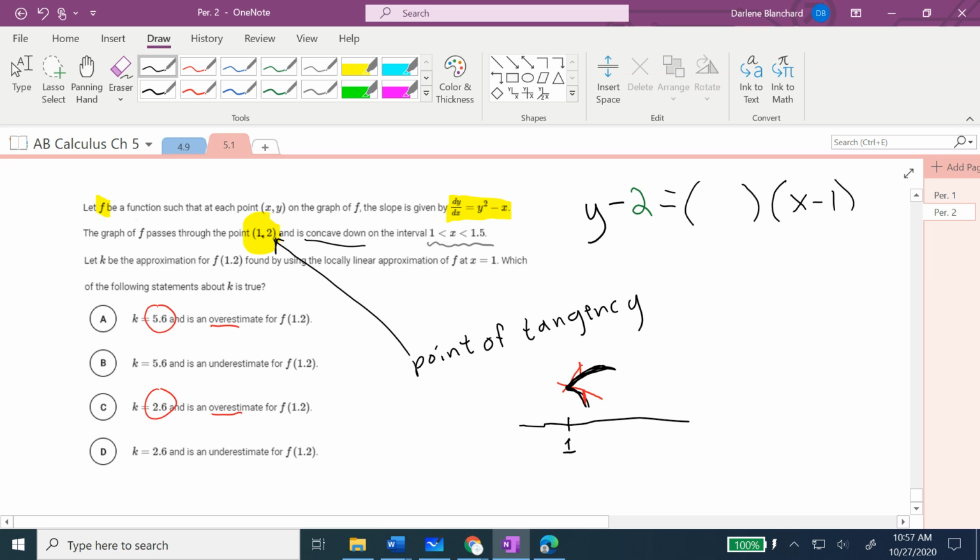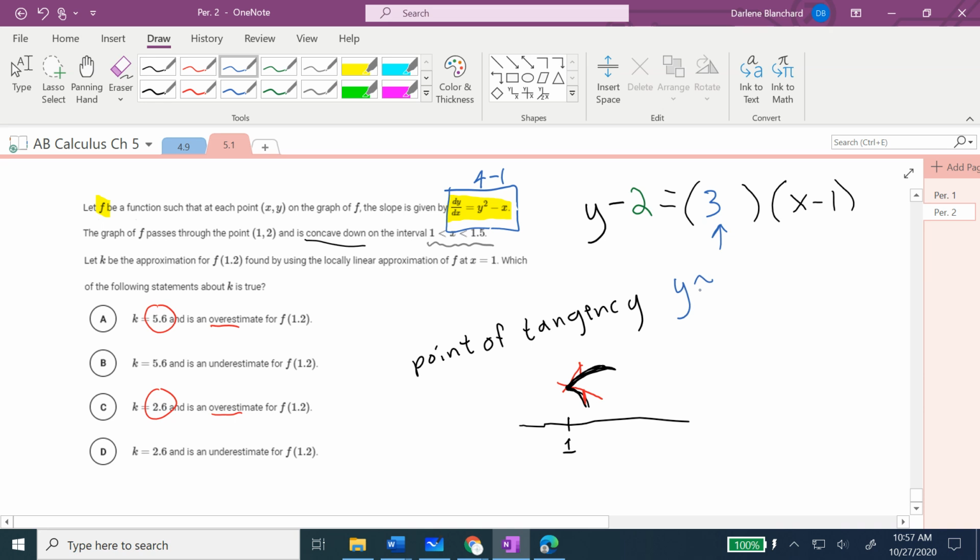To get the slope, I've got to plug in this xy coordinate into this differential equation to find the slope. So I plug in 2 into the y, plug the 1 into the x, and I get 3.